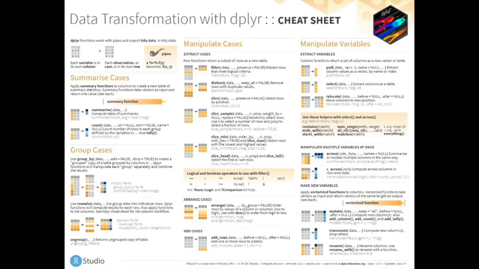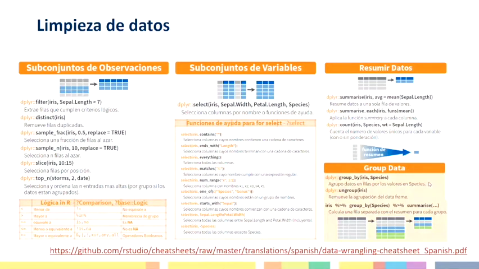And to finish this first part, I have a part here that's called cheat sheets, which are the sheets that have a description of the most important functions of each one of the packages. And you can find many others from different packages here also in this part of the link.